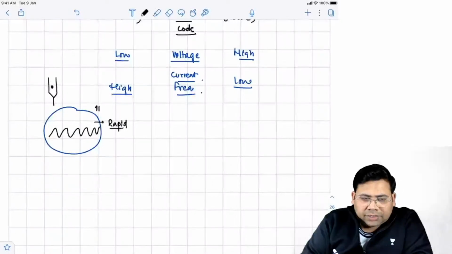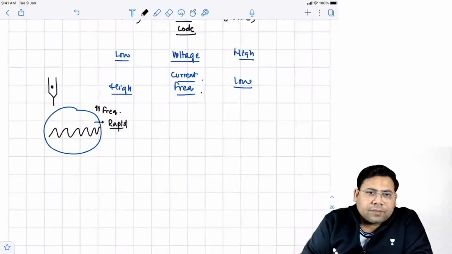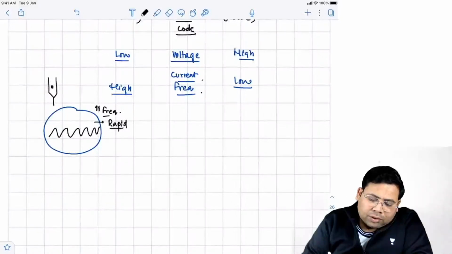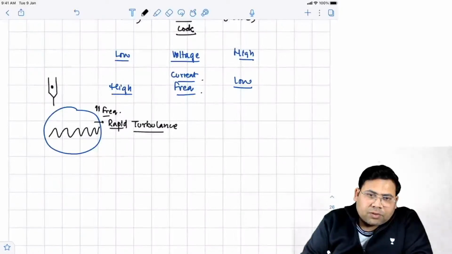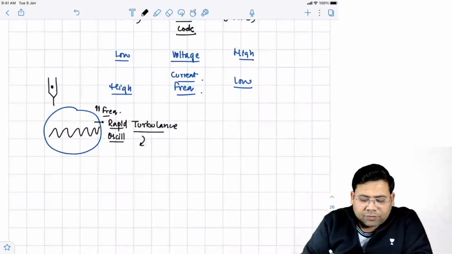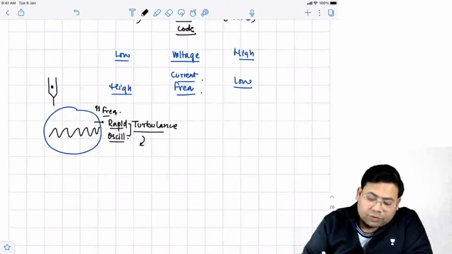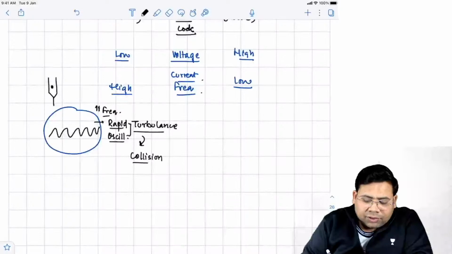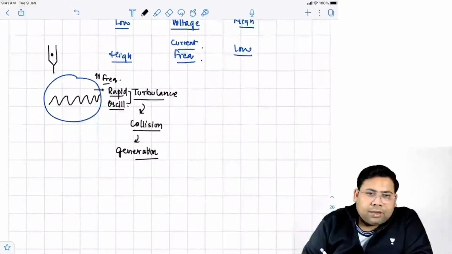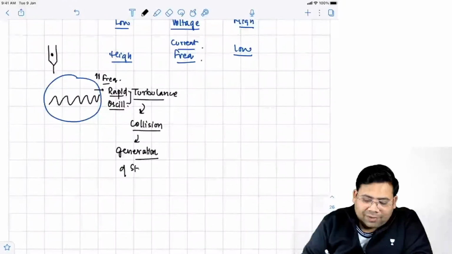Due to the increased frequency of the current, there is rapid turbulence. Because of turbulence, there is collision, and because of the collision, there is generation of steam.